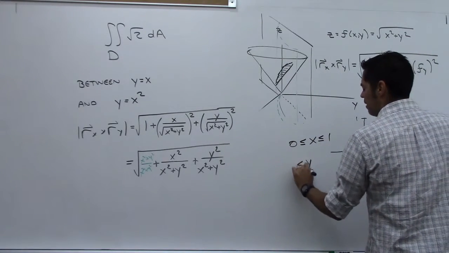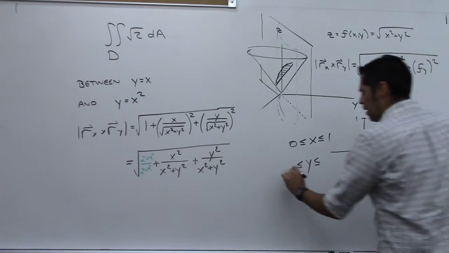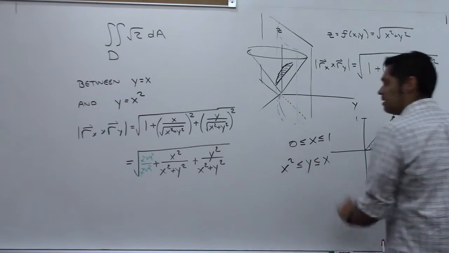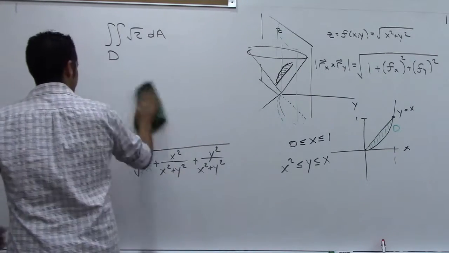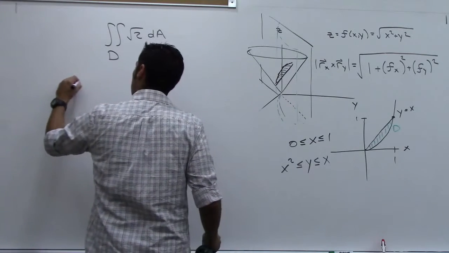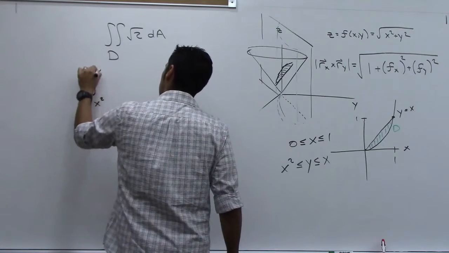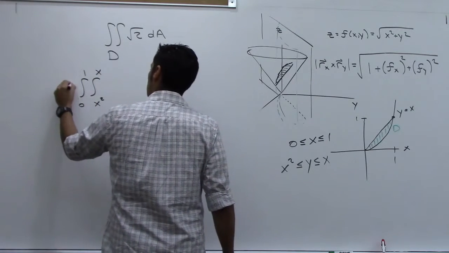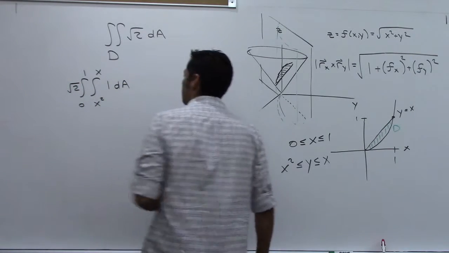And then the y value is bounded between, let's see, the bottom is x squared and the top is x. So we're ready. So we've got double integral 0 to 1, x squared to x, of root 2 dA, like that.